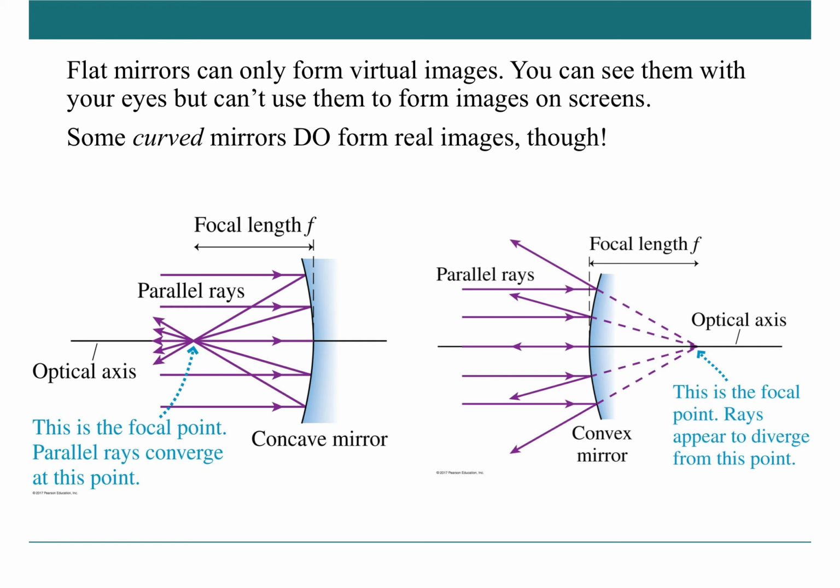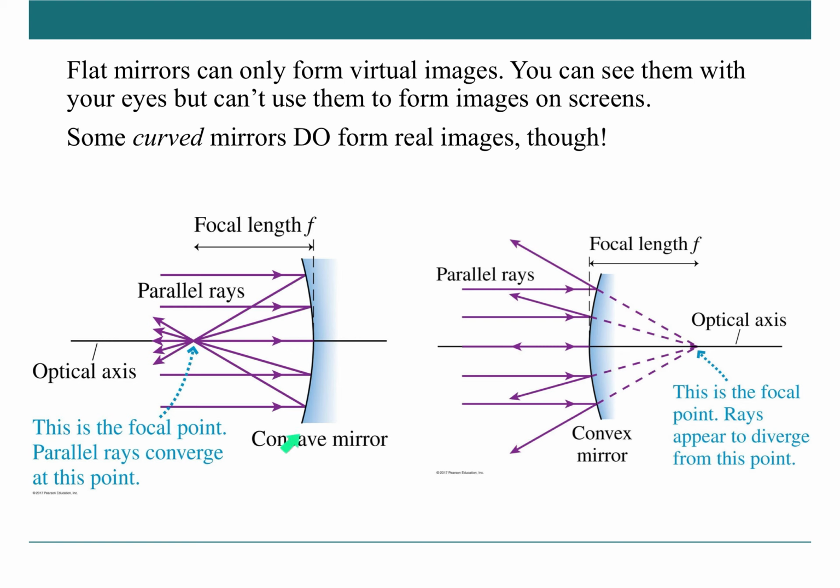However, if we could create a curved mirror, certain curved mirrors can form real images. An image that can be projected onto a screen, a real image, is formed when a mirror casts that image on the same side of itself that an object that's being imaged exists.